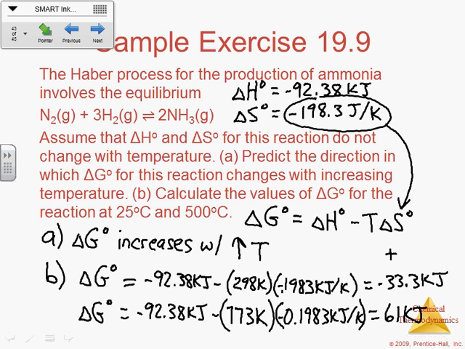Guess what's not a good way to do that? Increasing the temperature, right? That is not a good way to make more of the NH3. You could also see that by looking at your delta H value here, right? Delta H value is negative. That means that heat, you can think of it as being on the product side. So thinking in terms of Le Chatelier, you add heat to this side of the equation, it's going to push it back towards the left side.